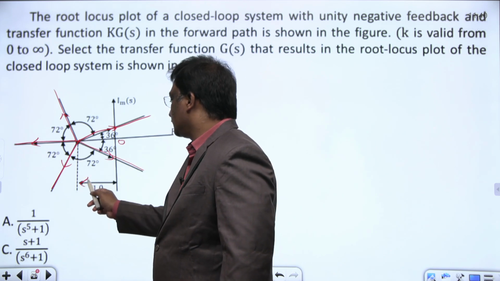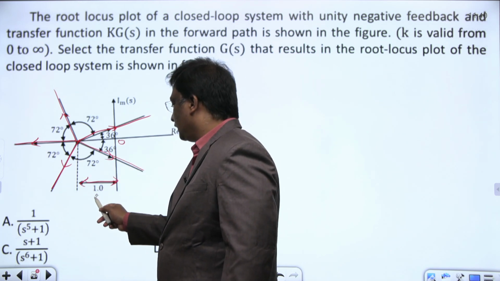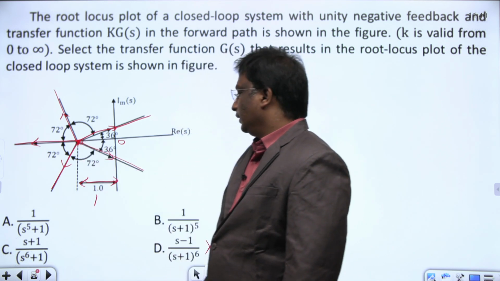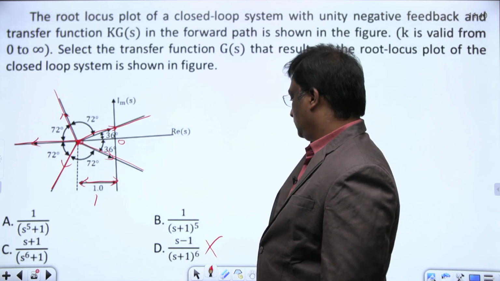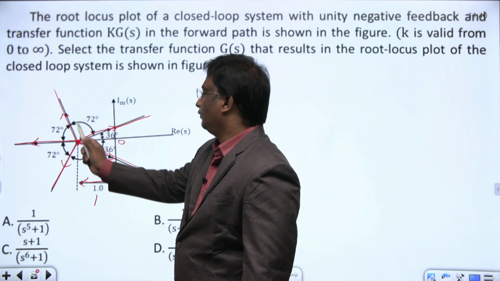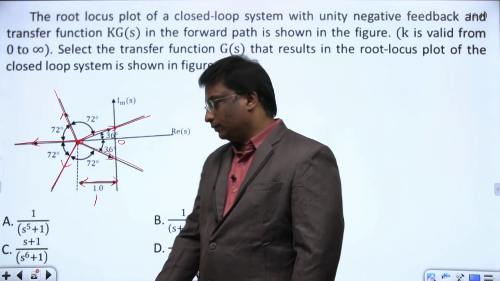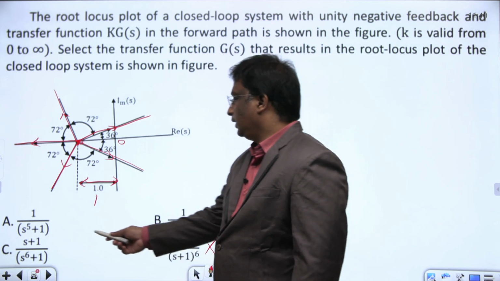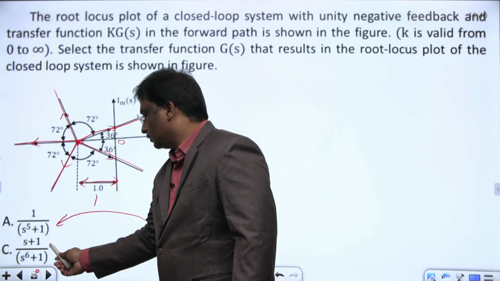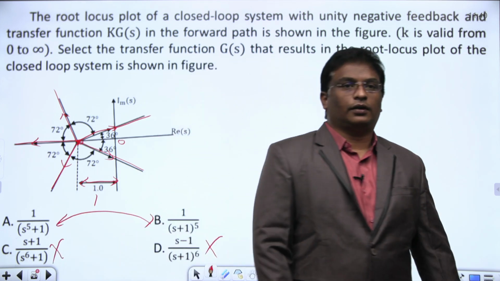This is at a distance of 1, which means LHS side 1. From this one, how many breakaway? 1, 2, 3, 4, 5. 5 poles. Either the answer can be option A or option B. That's all. 5. This is not 6. A or B.